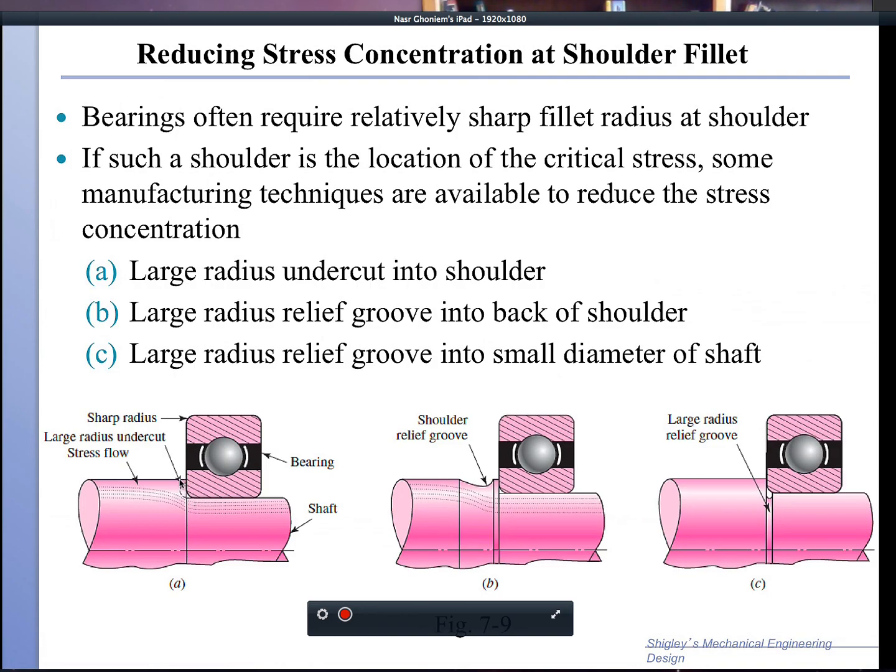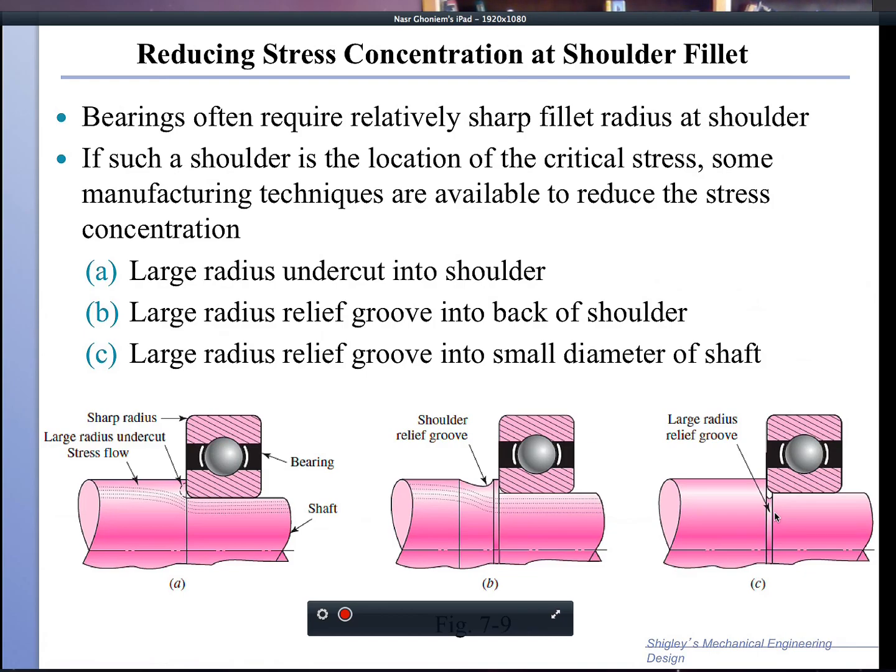diameter side. Another method is to mill the shaft with a region that has a shoulder relief groove of large radius, as you can see here. And a third way is to go to the small diameter side and introduce a large radius relief groove.